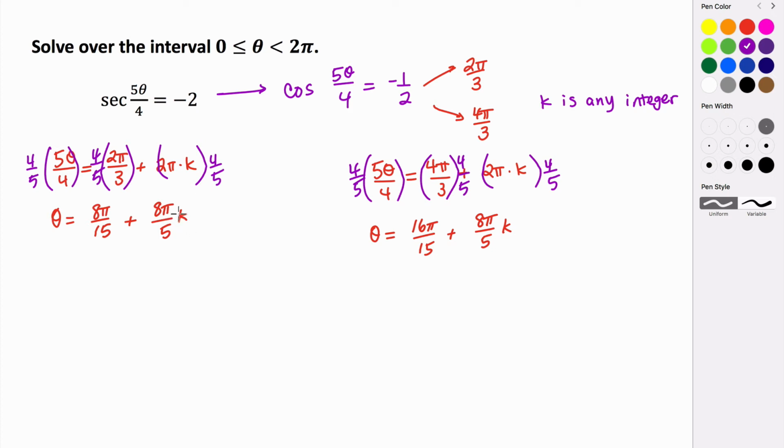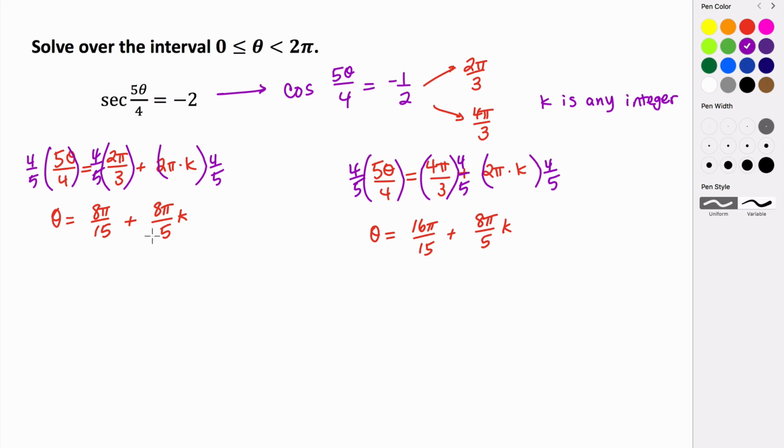It means we look at cycles past the first cycle, in case any of those values fall in the interval from 0 to 2 pi. So we start plugging in values of k to see if the sum is bigger than 2 pi. As soon as it becomes bigger than 2 pi, we know it's not going to be a solution.